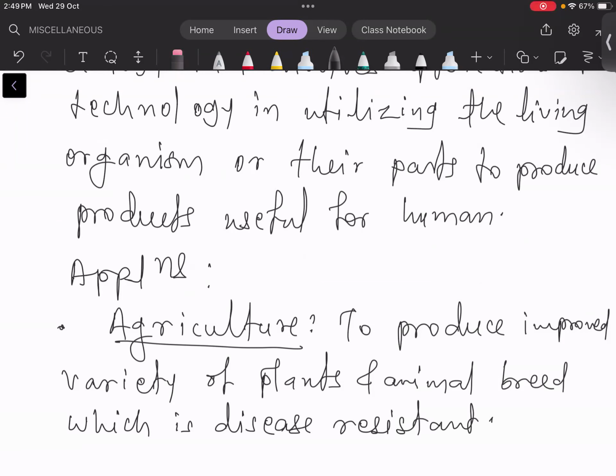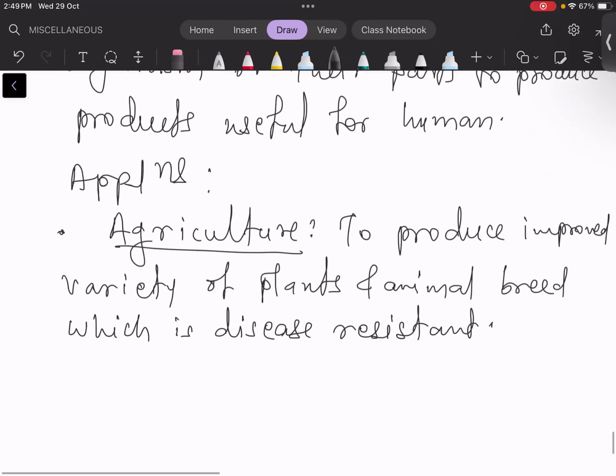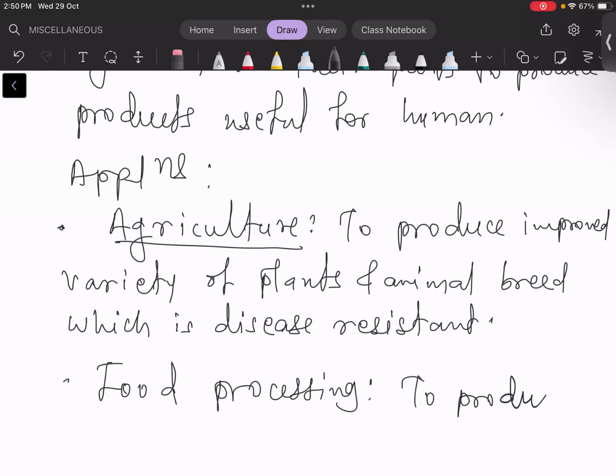Okay. Second, food processing. Biotechnology is used in the food processing industry to produce additives.